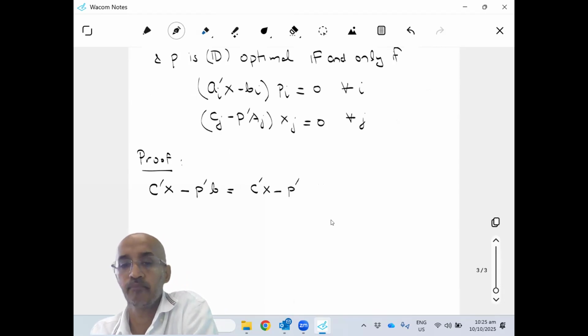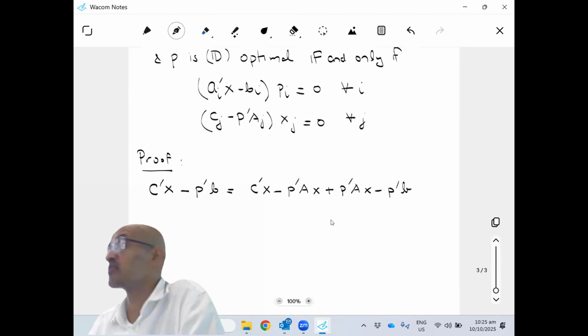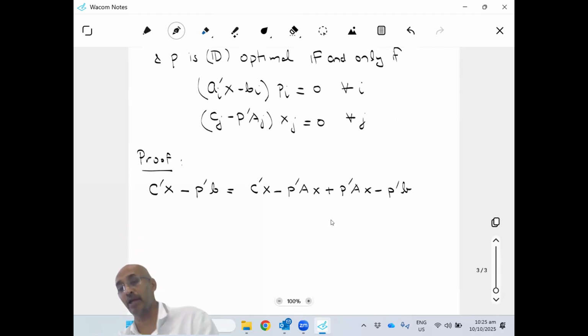in the following way. All I'm doing here is adding and subtracting the same term. And why am I doing this? Because I want to pick up this type of C minus P transpose AJ that's going to come from here, and the AI transpose X minus BI is going to come from here.